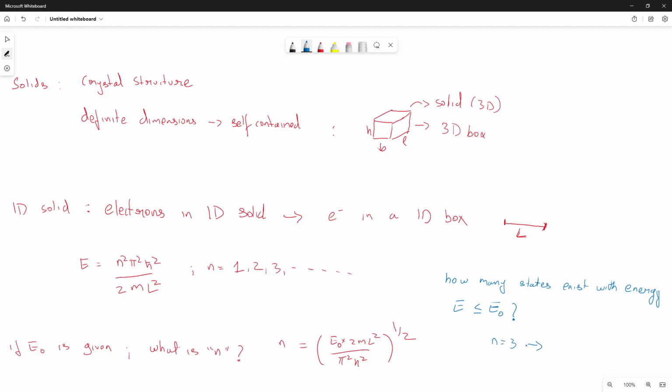So it will be 2, sir. Less than or equal to? My question is less than or equal to, not less than. Then it will be 3. Because n equal to 3, what are the other states that have energy less than or equal to this? It is n equal to 1, 2, and 3. Yes, sir. Okay, that's all.